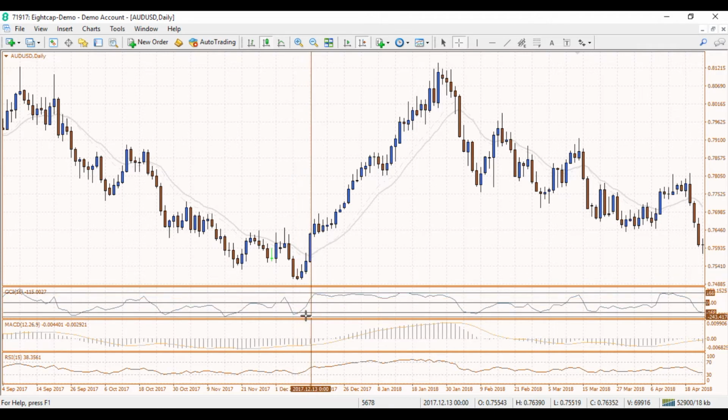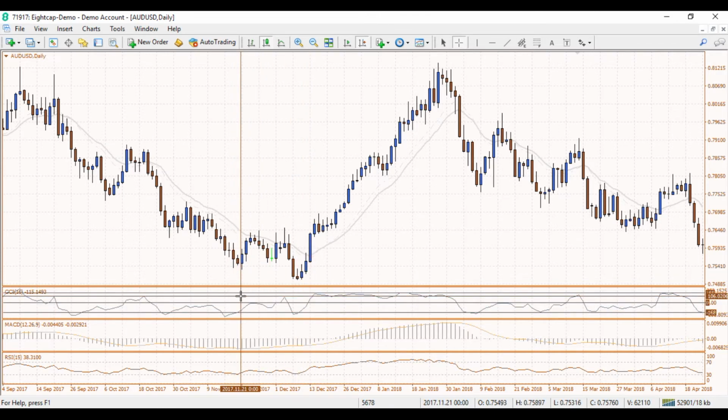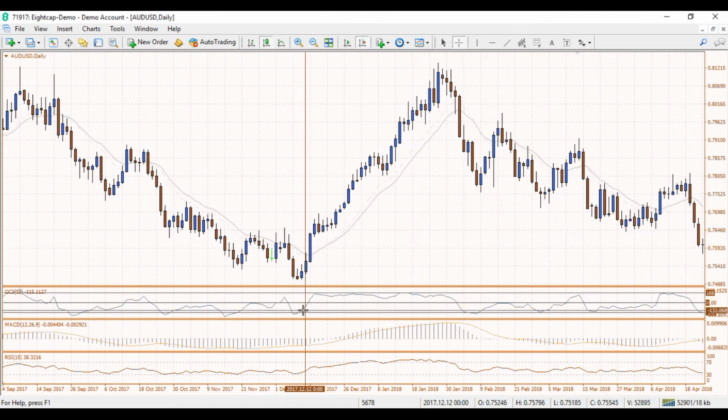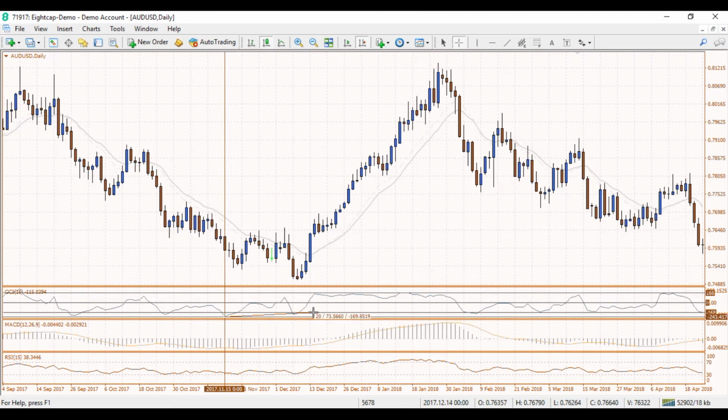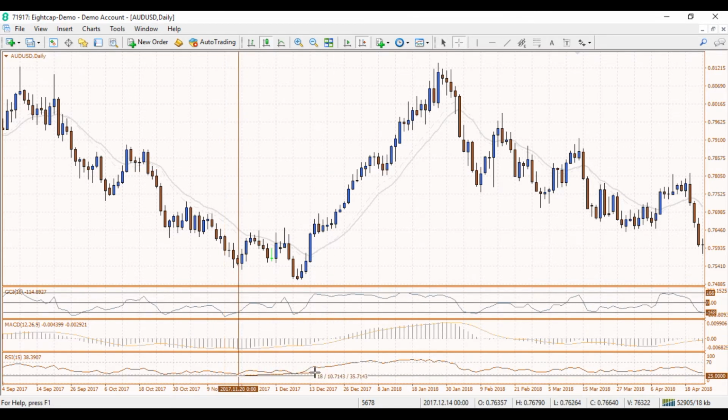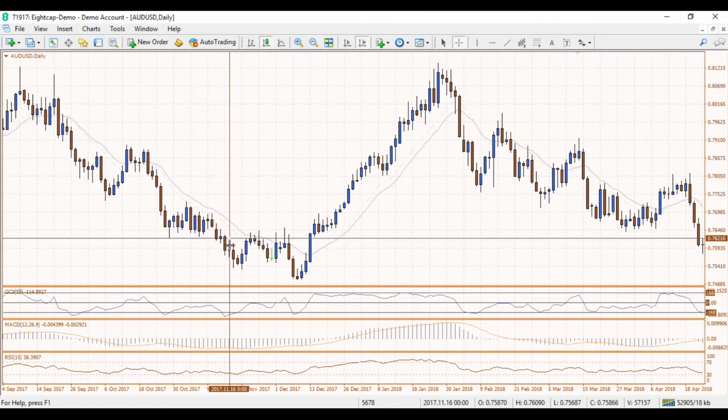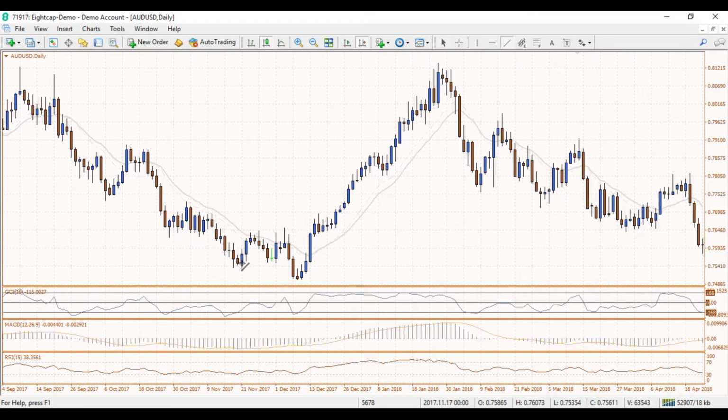So you can see where we're measuring from this low to this low, the indicator has gone higher, but price, we can see, has gone lower. I'll just draw that in so it's quite visible. And you can see higher and lower.